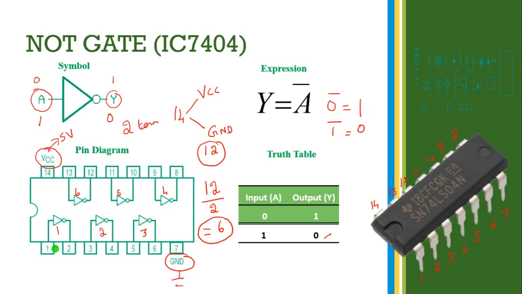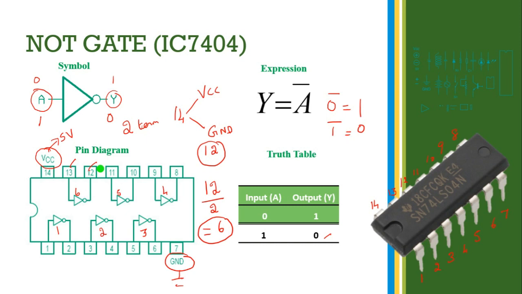Okay, clear? For the first NOT gate, the input is connected to pin number 1 and the output to pin number 2. For the second NOT gate, the input is connected to the third pin and the output to the fourth pin. Like that we connect all the NOT gates. For example, for the 6th NOT gate, the input is pin 13 and the output is pin 12.